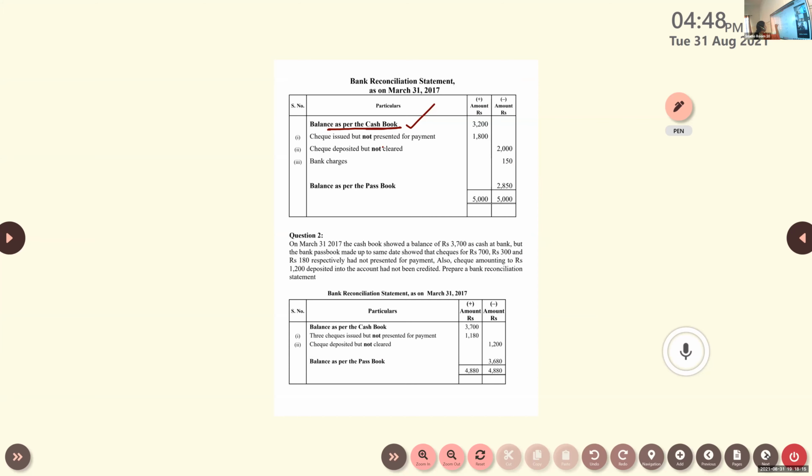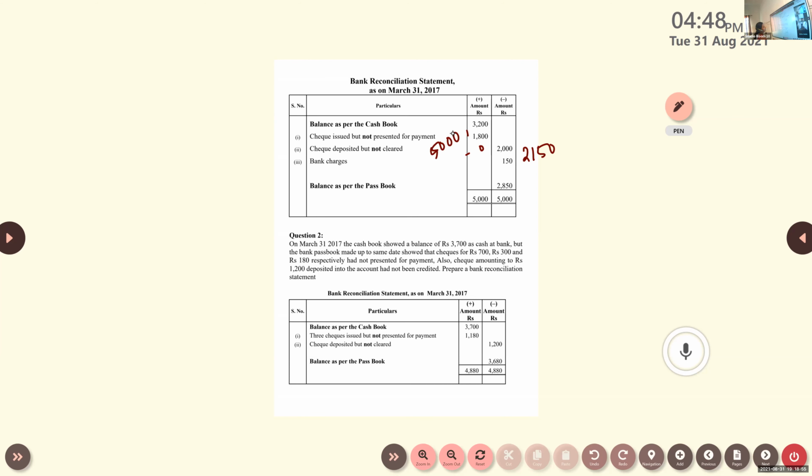So coming back to this question, bank charges 150 should be reduced. Now you have to balance. Here you will have 2,150 and here you will have the total of 5,000.